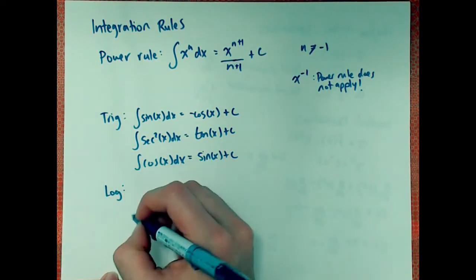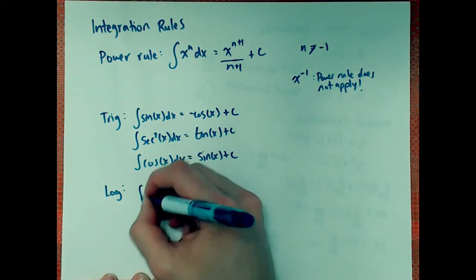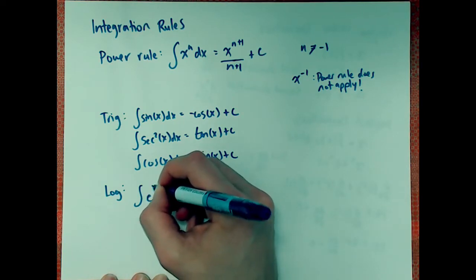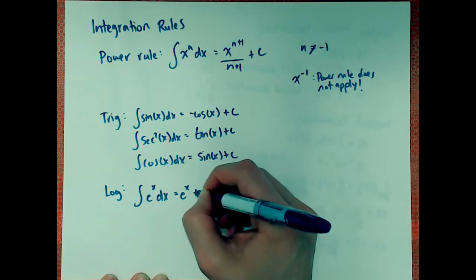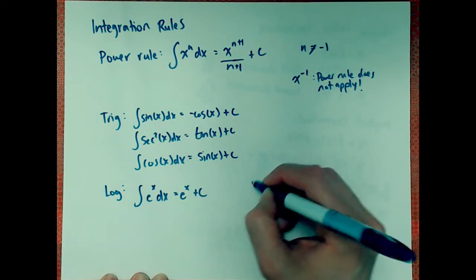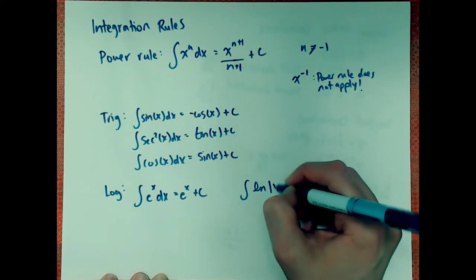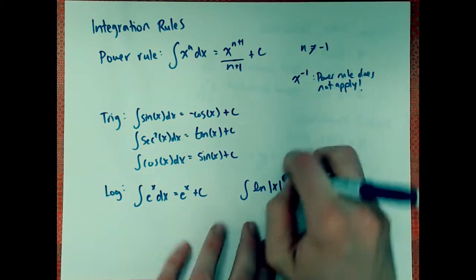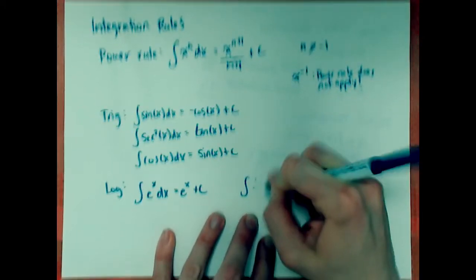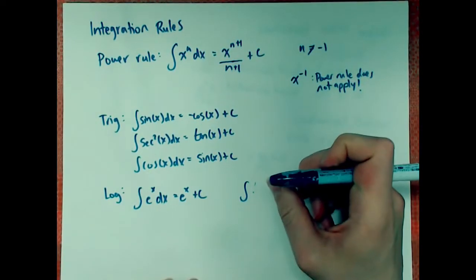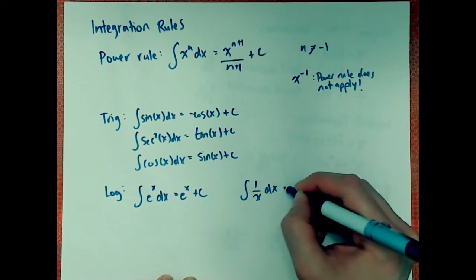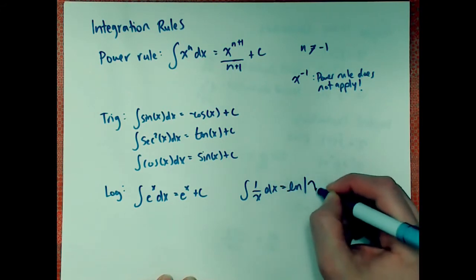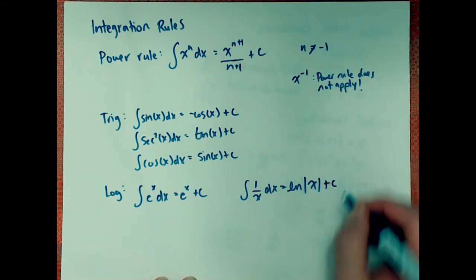For the log and exponent rules, we have the integral of e to the x dx equals e to the x plus c, and the integral of 1 over x dx is equal to the natural log absolute value of x plus c.